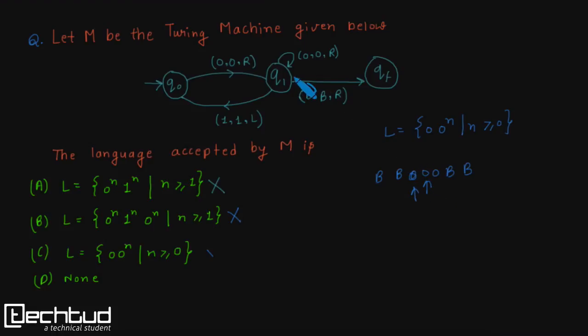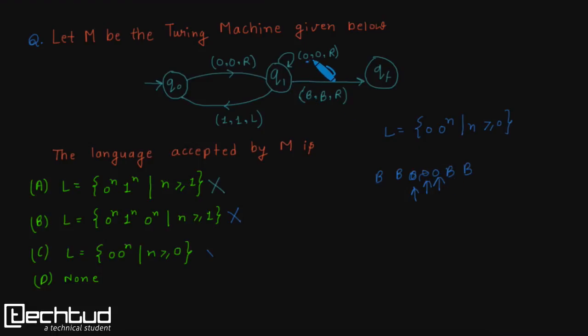Now you are at q1 and your input symbol is 0. So you will leave it as 0 and you will move to the right direction and you will remain in the same state. So you will move here and you will again be in q1. Now our symbol is 0 and we are in state q1.